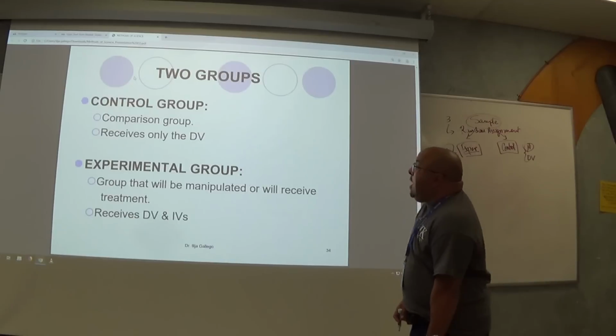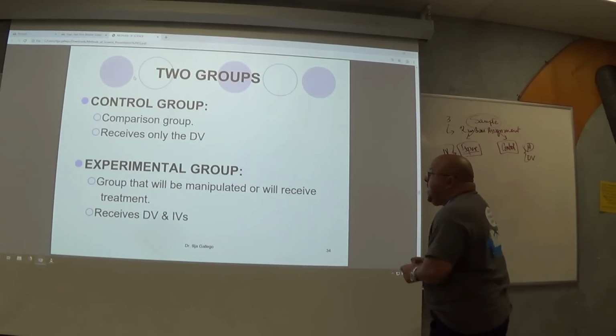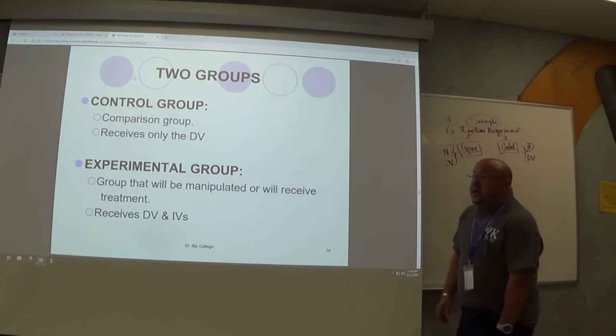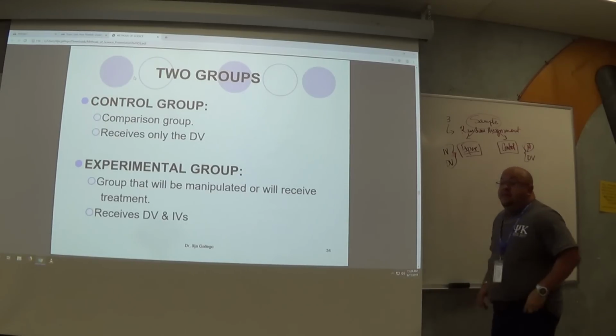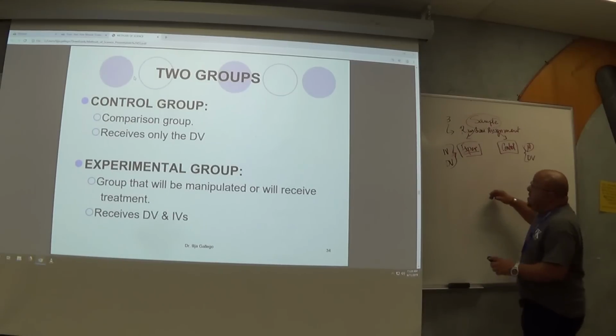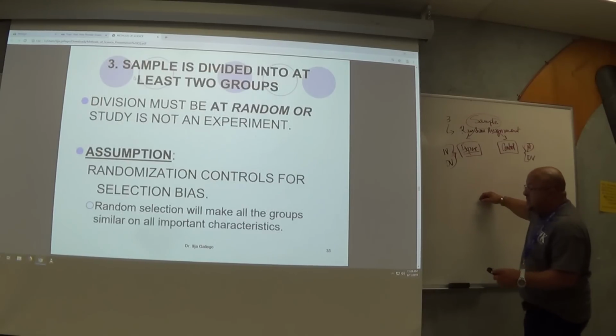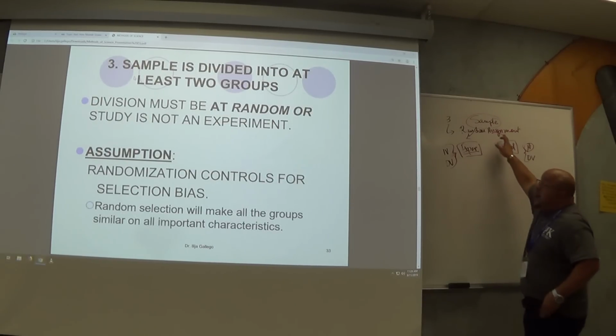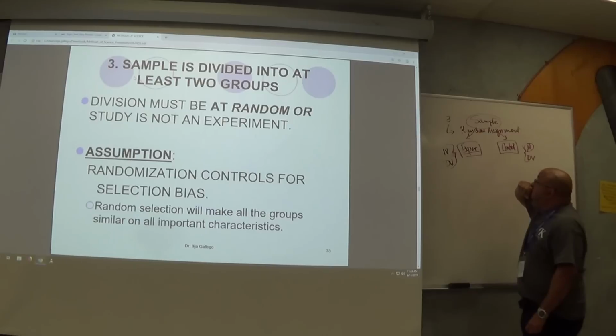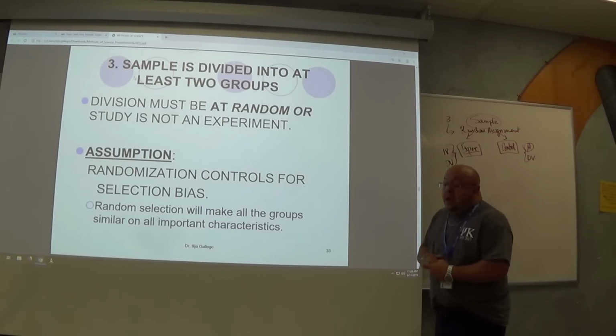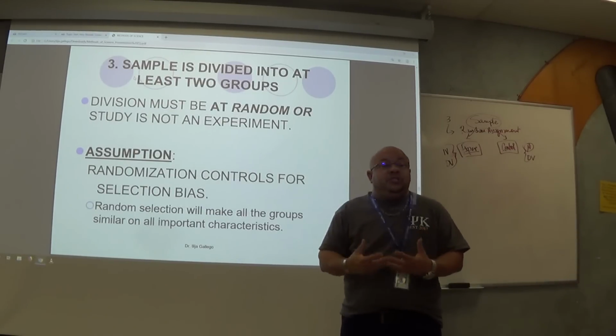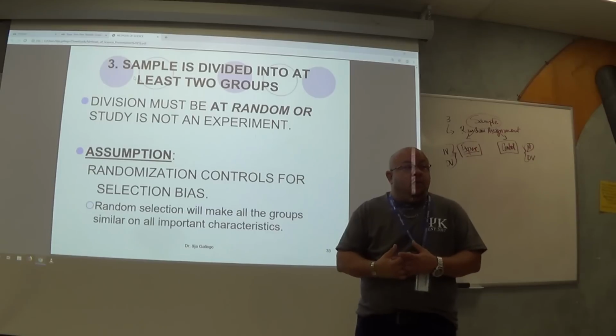Okay? Now, the reason that we randomly assign people into these two groups, if I go back to the last slide, which is slide 33. So random assignment means that I am allowed to assume that the groups are equal.